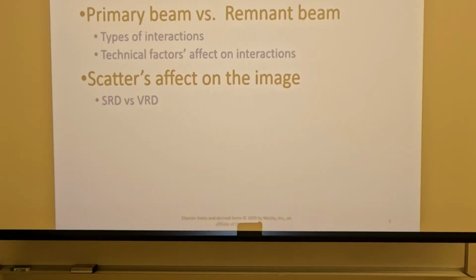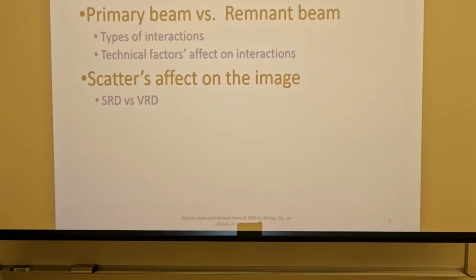There is another option, what we refer to as a post-patient collimator, but you don't really see that in diagnostic all that much. I'll tell you where you might possibly run into that. So we talked about the difference between the primary beam, that's before it interacts with the patient, and the remnant beam, that's what comes through the patient.